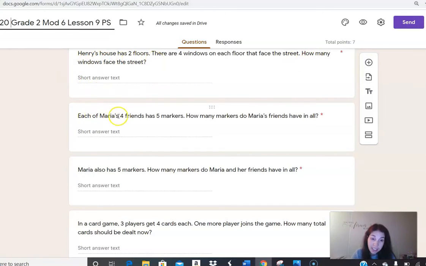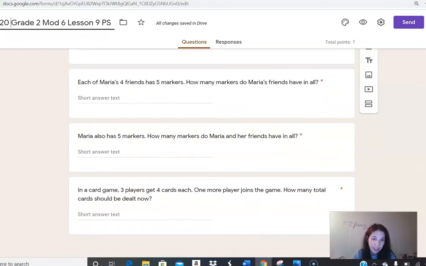Each of Maria's 4 friends has 5 markers. How many markers do Maria's friends have in all? Maria also has 5 markers. How many markers do Maria and her friends have in all? So this one, you're going to add these 2 numbers together, whatever your answer is here, and then plus 5 more.